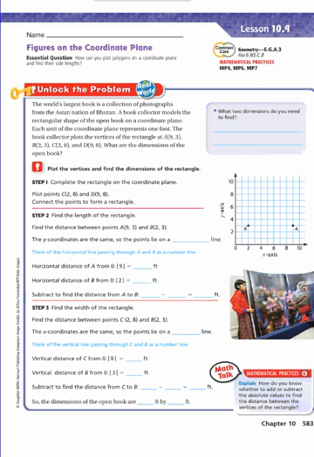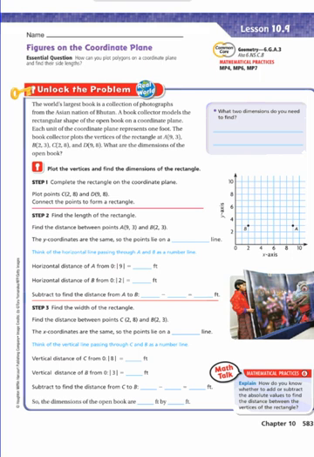The world's largest book is a collection of photographs from the Asian nation Bhutan. A book collector models the rectangular shape of the open book on a coordinate plane. Each unit of the coordinate plane represents 1 foot.